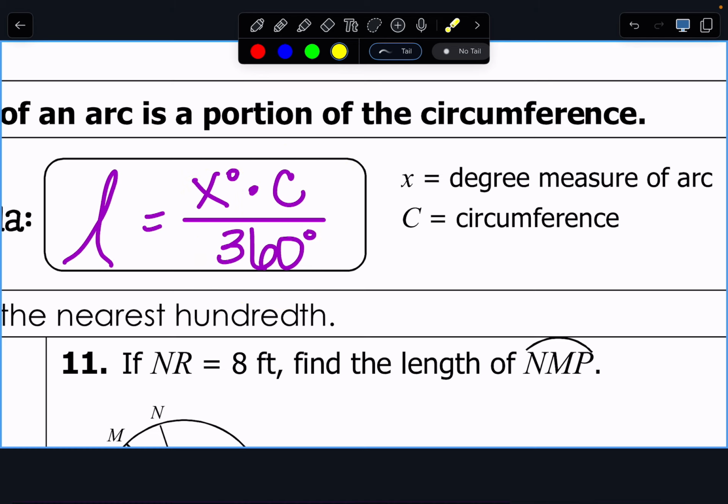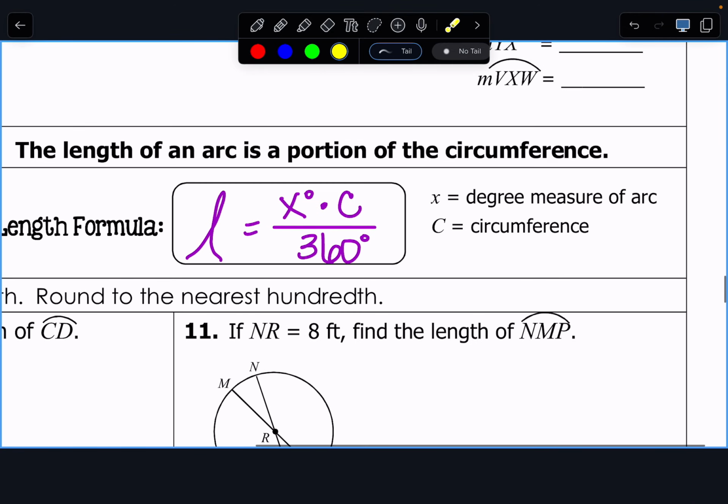So 60 degrees would be a sixth of the circle, so we have a sixth of the circumference. Do you see what I mean? That is the purpose of that formula. And if it's 180, you would need the circumference divided in half.